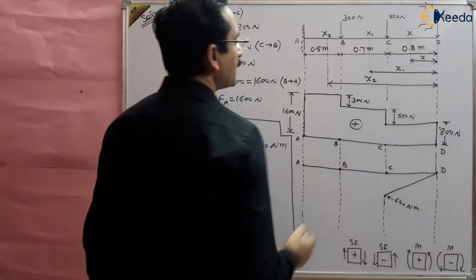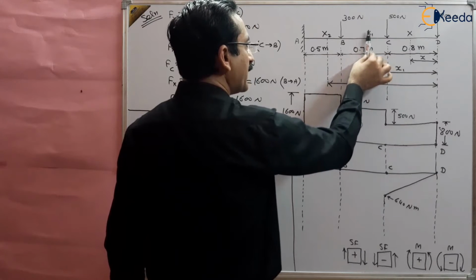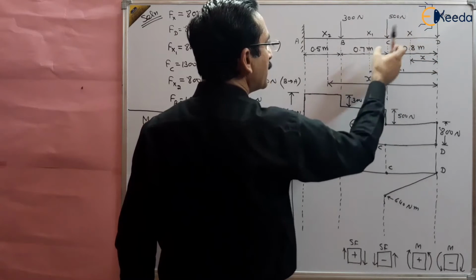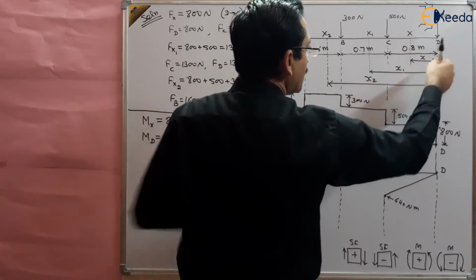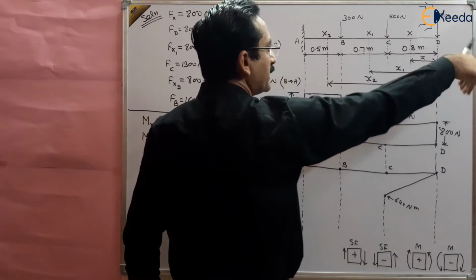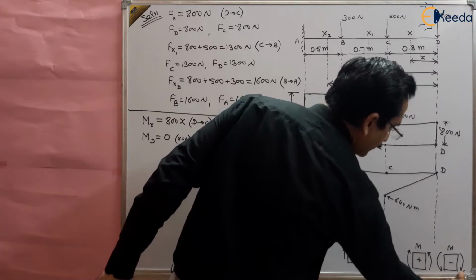Now C to B, we have taken this section x1. What is the moment at this section? The algebraic sum of all the forces. Two forces are there: 500 multiplied by perpendicular distance, and 800 multiplied by perpendicular distance. Both are clockwise at the rightward side, meaning negative, right?